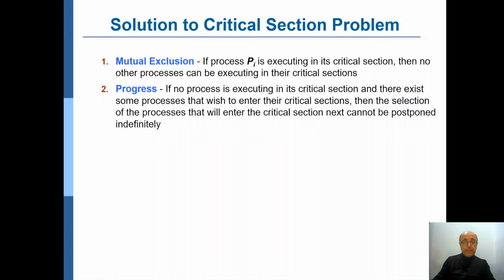That means the following. If, for example, P0 is in its critical section in a mutually exclusive manner, and let's say P1 and P2 also want to go to their critical sections, they have to wait. Okay, we agree on that. They have to wait. But P0 cannot make P1 and P2 wait indefinitely.